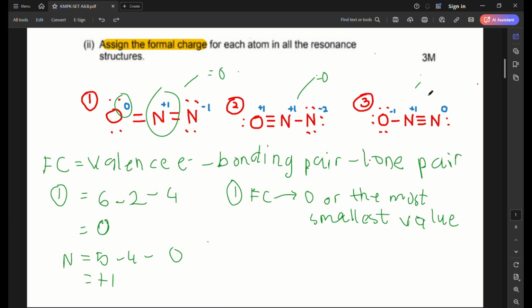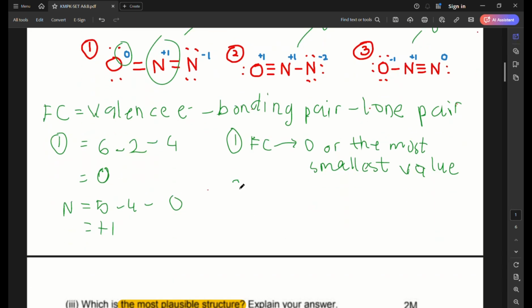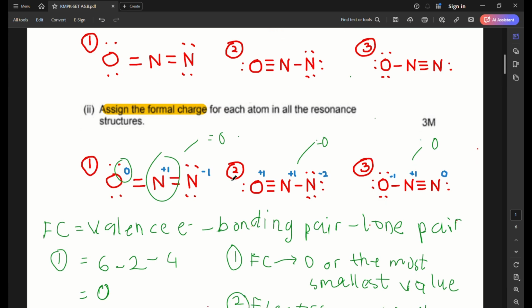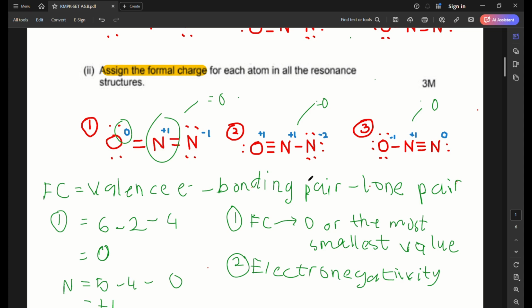So how are we going to determine the most plausible? Well, we look for the second factor, which is determined by the electronegativity of the atom. What I mean by this is that between nitrogen and oxygen, you should know that oxygen is more electronegative. Hence, it should have the negative value.